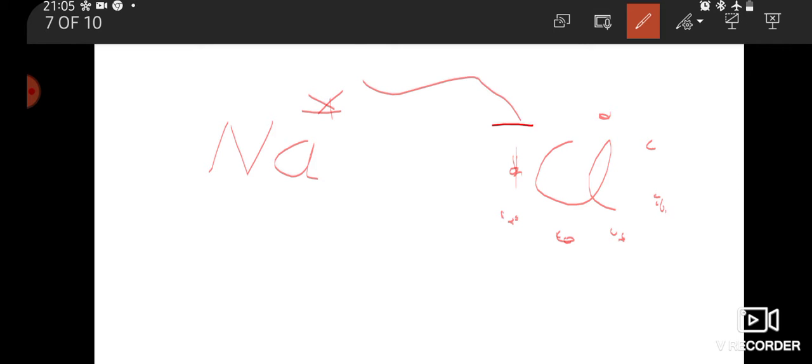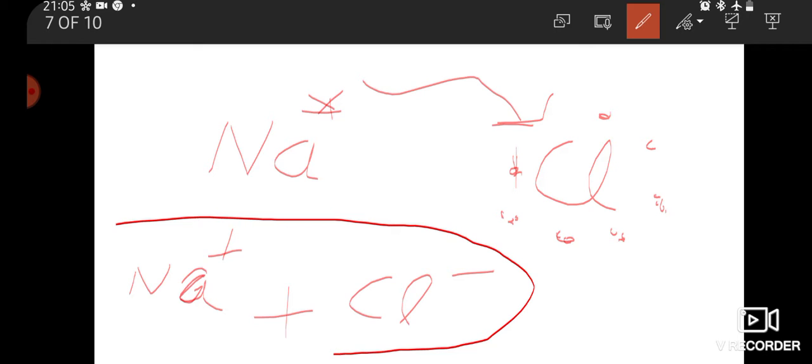This electron from sodium transfers towards chlorine. So in this case, sodium contains a 1 plus charge, while Cl contains a 1 minus charge.